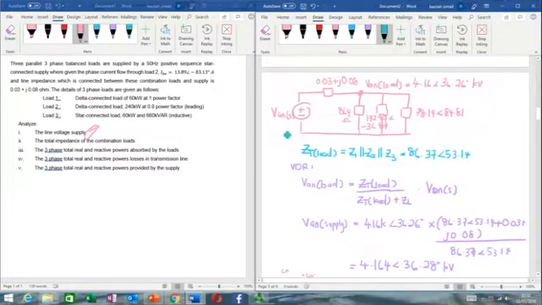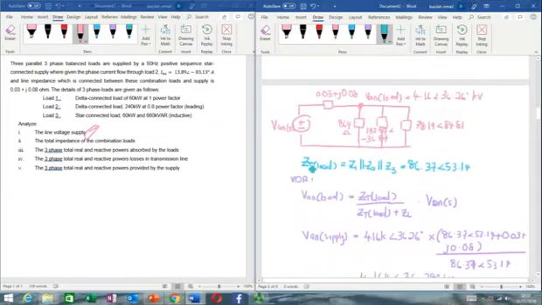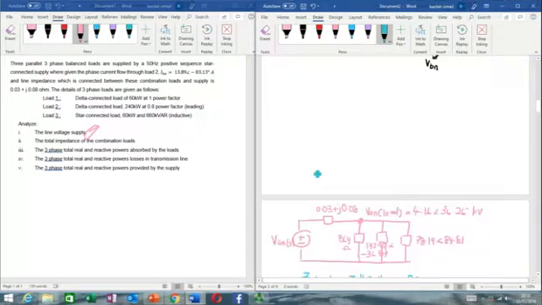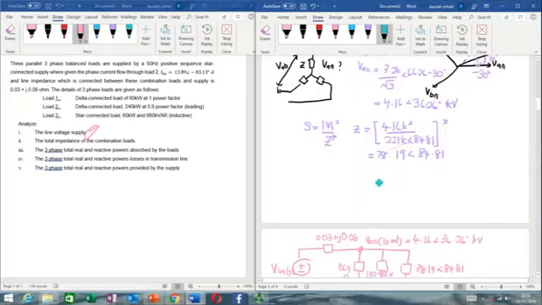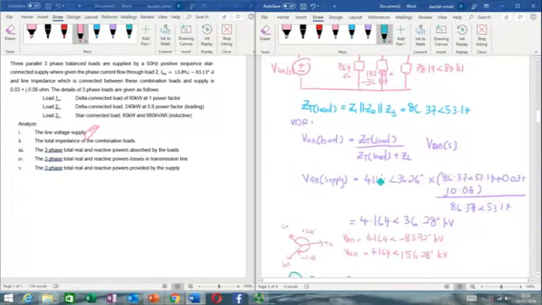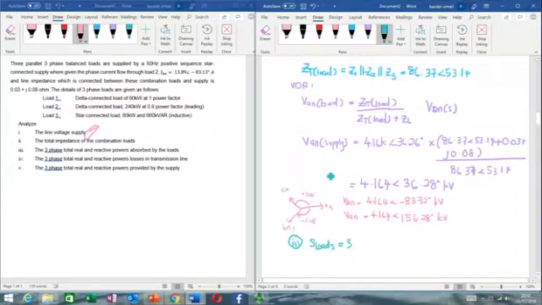If you use phase value, then to calculate the total, you have to multiply with 3. If you use VAB, this one, VAB is the line voltage, so you need to multiply with sqrt 3. So just take the phase value.